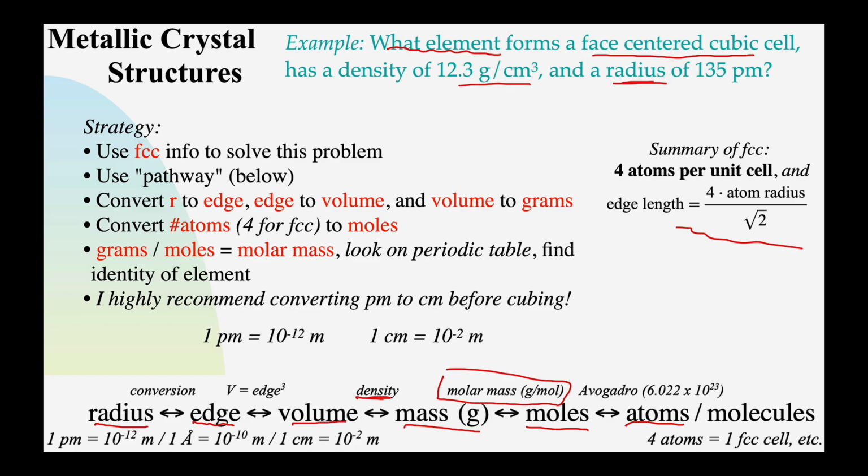So before you cube the edge, make sure you turn the edge from picometers into centimeters. And so I put up there the conversions again. 1 picometer is 10 to the minus 12 meters, and a centimeter, if you remember from Chem 221, is 10 to the minus 2 meters, or 100 centimeters per meter. Either way is fine. But again, before you do that edge to volume thing, turn the picometers into centimeters, or if you have angstroms, turn those into centimeters, because the next part, having a centimeters cubed and a density in grams per centimeter cubed, is going to make your life a lot easier.